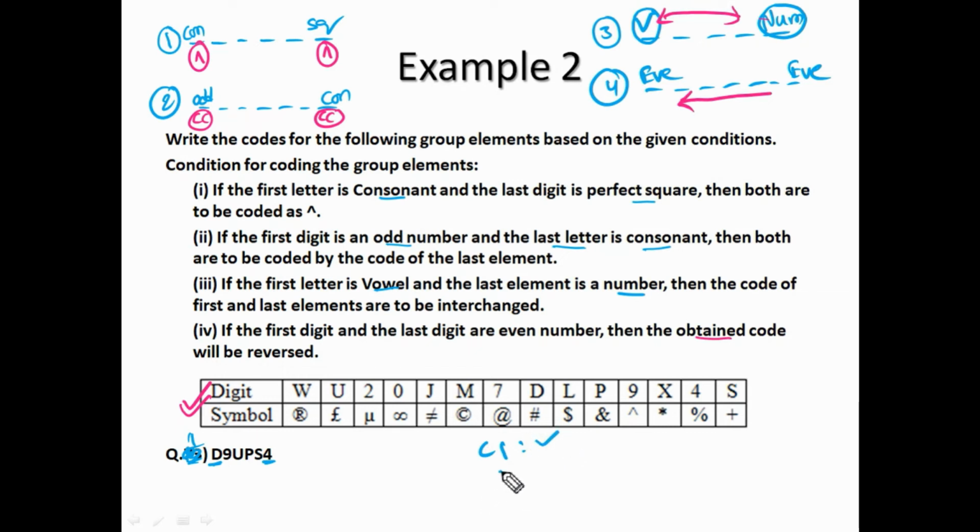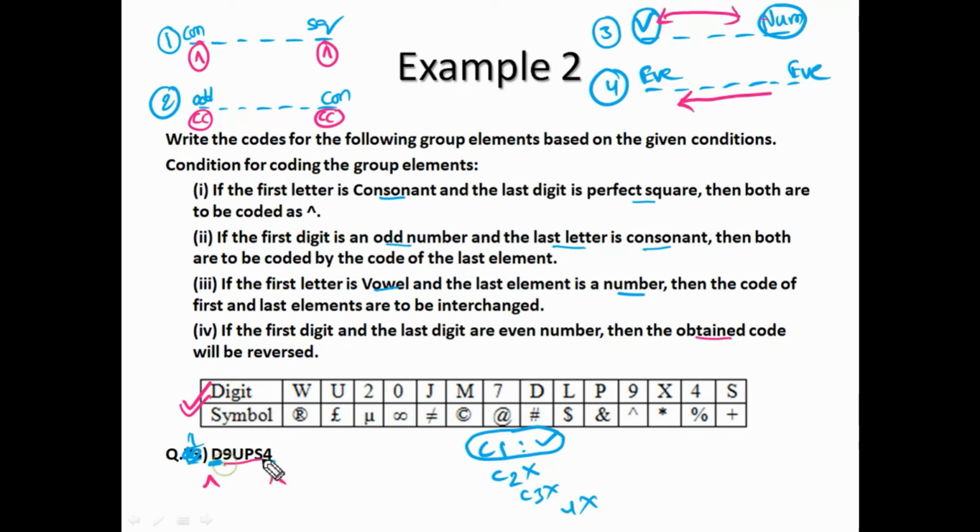Condition 2: first is an odd digit, no. Condition 3: first is a vowel, no. Condition 4: first and last are even numbers, no. So conditions 2, 3 and 4 fail, and only condition 1 is following. According to that condition, both first and last are to be coded as cap and cap.